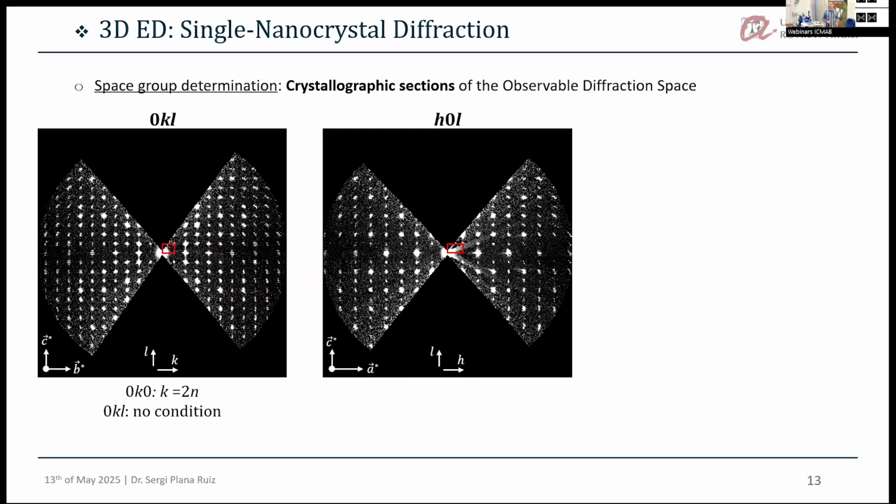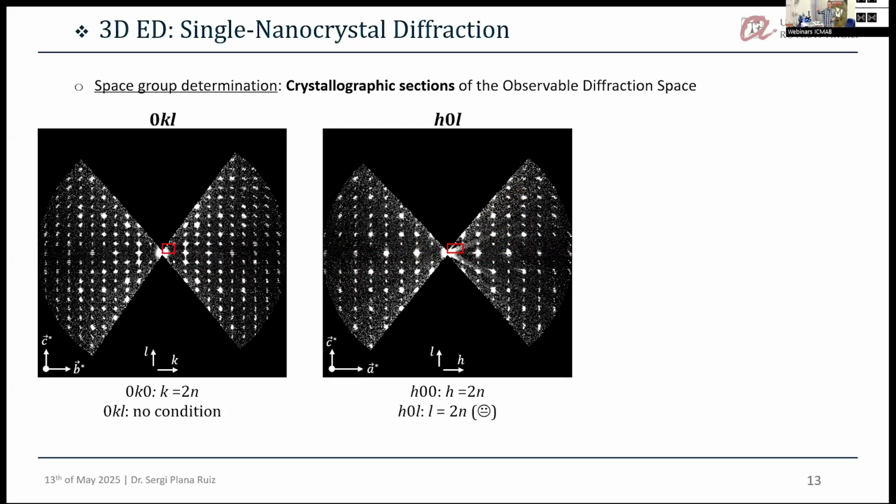For the H0L, we have once again in this line an extinction similar to this one. But here we also see something interesting, which is that we have weak reflections. So every two, we have strong, weak, strong, weak, strong, weak. And this is one of the consequences of dynamical scattering events, that some extinctions that should be there are not there when we acquire them.